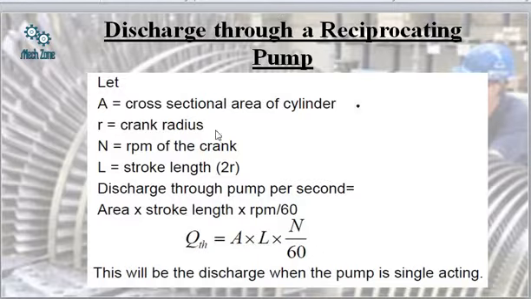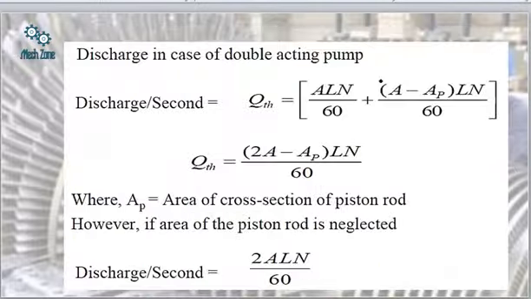Please mind, it is the speed in RPM, and L is the stroke length, that is 2 into R, and A is the area of cross section of the cylinder. This formula is very important and needs to be remembered, because direct questions are generally asked from this section. Now the discharge in the case of a double acting pump would simply be 2 times, so we multiply the previous formula by 2.